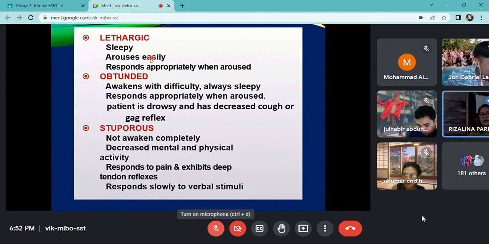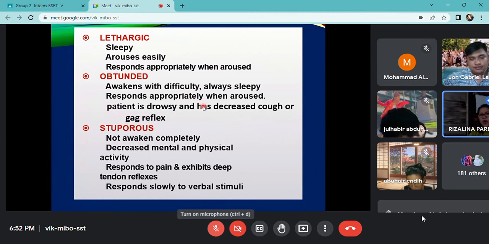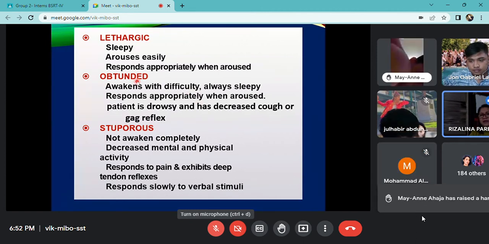Lethargic. For lethargic, what came out in the board exam was obtunded. It says decreased cough or gag reflex. What level of consciousness is that? That is obtunded.